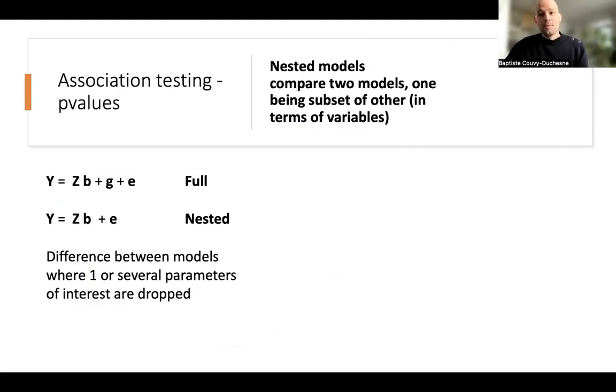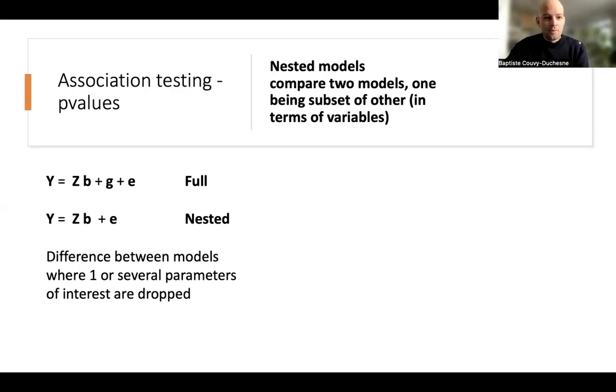So all these models actually belong to a common framework. And the central concept behind those frameworks is this likelihood, which was mentioned to you, I think, in the first few days. So the idea for association testing is to use nested models, where we're going to compare two models, one being the subset of the other in terms of variables included and not in terms of individuals.